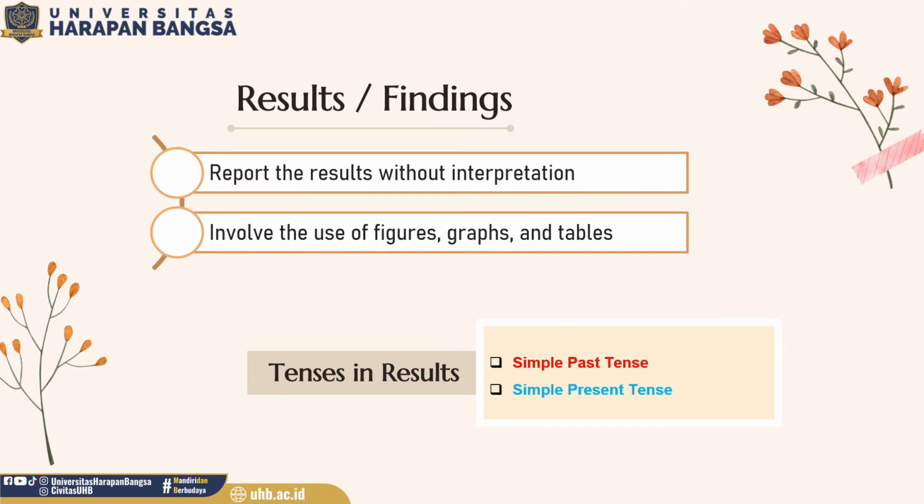This is used to describe experiments that have already been completed at the time of writing the paper. And the second is simple present tense. It refers to tables, figures, and graphs. And it is also to talk about the research article as a whole.